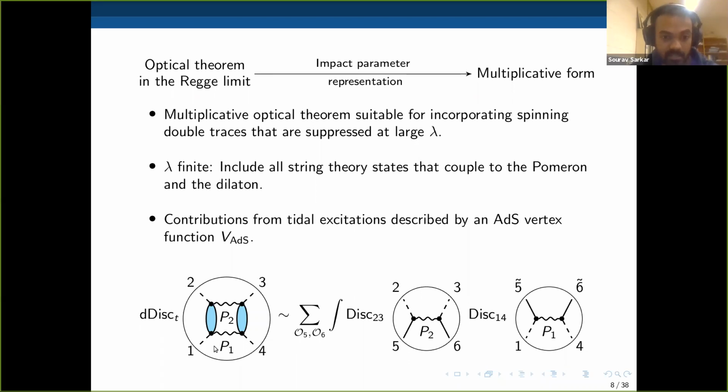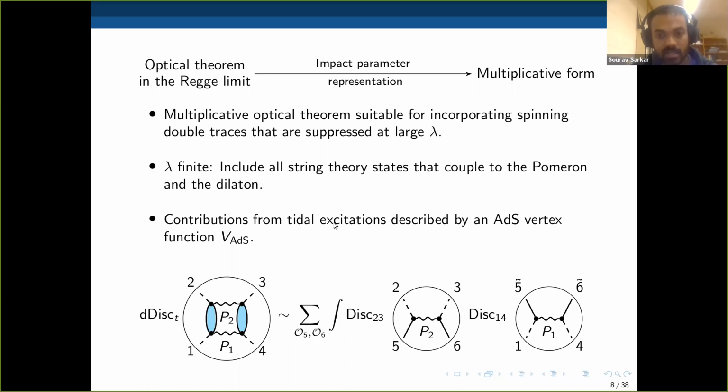In terms of a Witten diagram, we can think of this. When we take the Regge limit, the horizontal lines are Pomerons, and the vertical ellipses include all string theory states that would couple to the Pomeron and the dilaton. These are called tidal excitations.